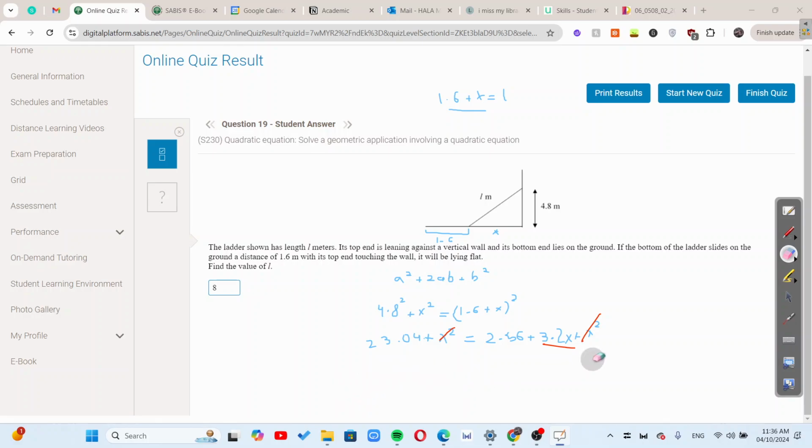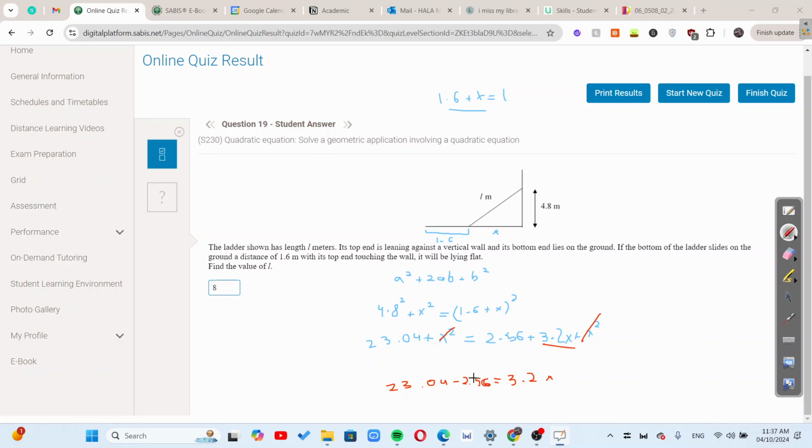Just move this to the side and keep this on the side to make it easier for you guys. 3.2x is equal to 23.04 minus 2.56. Now we're gonna do this on our calculator.